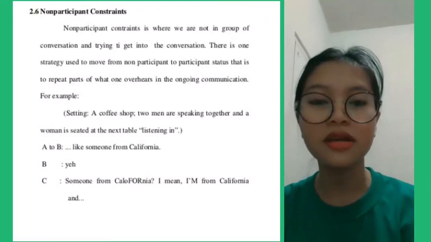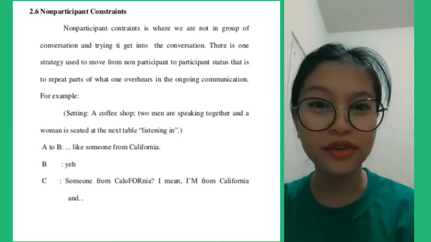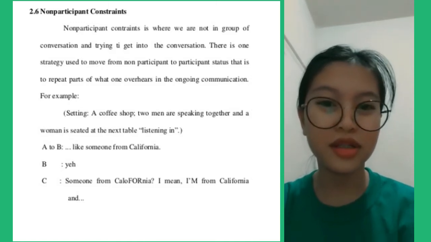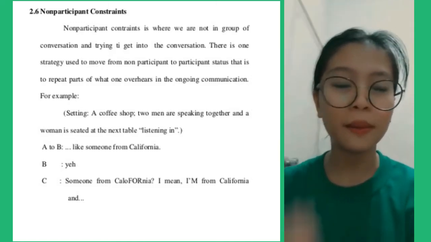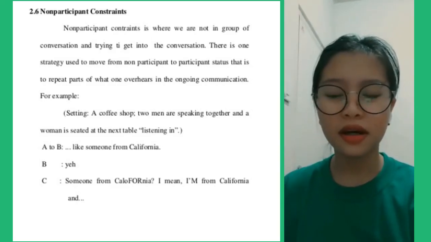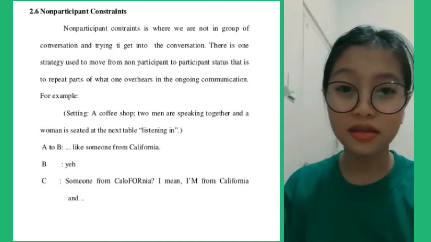Non-participant constraints is where we are not in a group of conversation and we are trying to get into that conversation. Like for example, your classmate is talking about a samgyup located at the SM.